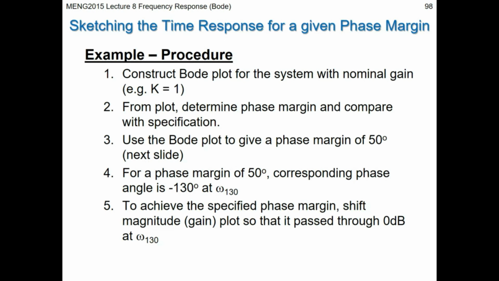So what we have to do is move our gain line up and down by changing the proportional gain of the system so that it passes through 0 dBs at this specified frequency, right?